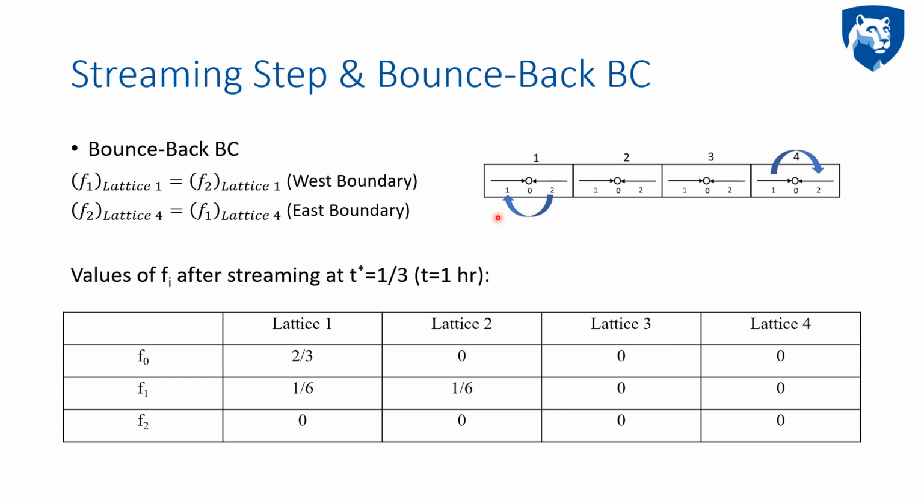And then for the east boundary at the fourth lattice, it would go the other direction. And so after we update the distribution functions after streaming, at time step t(n) equals 1/3, which means that t equals 1 hour, we would have these values of distribution function.